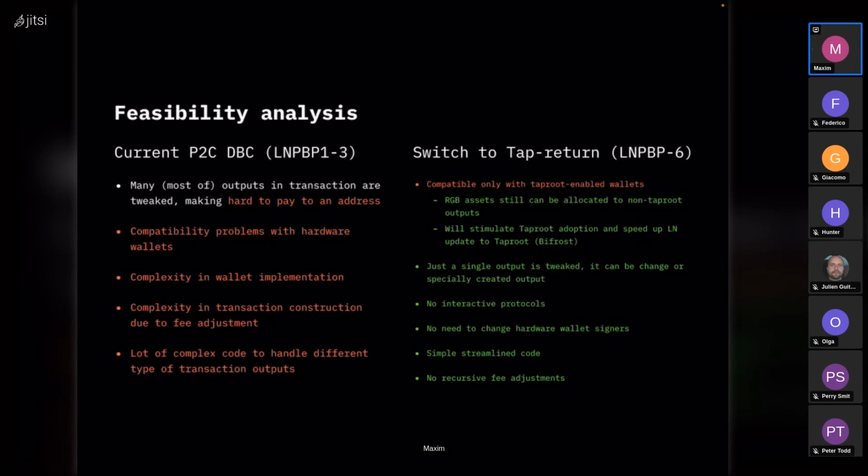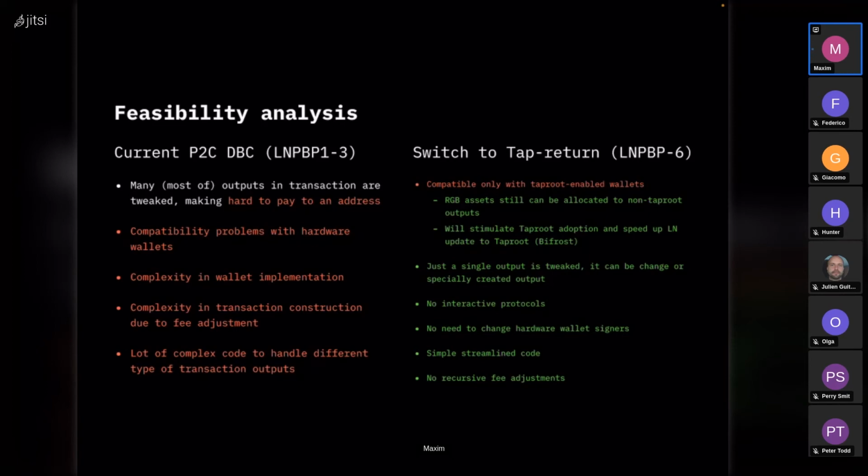First of all, it doesn't mean that you limit the outputs which may contain RGB assets to Taproot outputs. No, you can assign an RGB asset to any output, even one that may have existed for 10 years. It's just the commitments used to do the RGB payment.